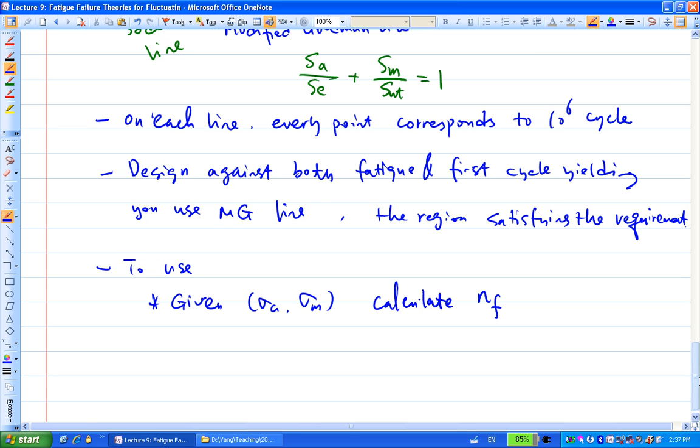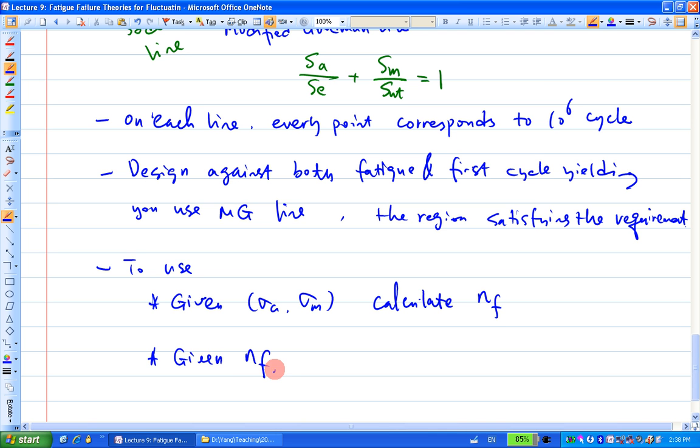And in the future, shortly after midterm, when we're learning shaft design, there's a very common situation. It's basically to design for the shaft diameter, right? In a lot of cases, the shaft is going to be under this fluctuating kind of stress. Then you're going to come back here to use the equations that we introduced today, those criteria. In that particular case, it's the other way around.